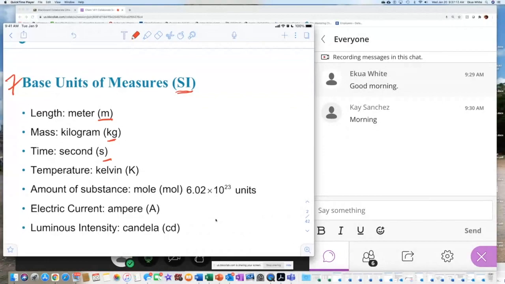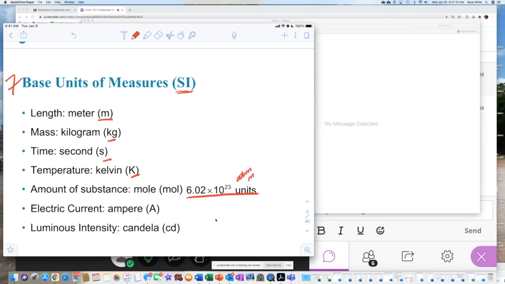Temperature, once again, you may actually measure it in Celsius, but convert it to Kelvin for calculations. We never measure moles in the lab. We may measure mass, and then from mass, convert it to moles. But if we need to convert it to moles, we will use Avogadro's number, which may be in atoms or molecules, to convert to the amount of substance.